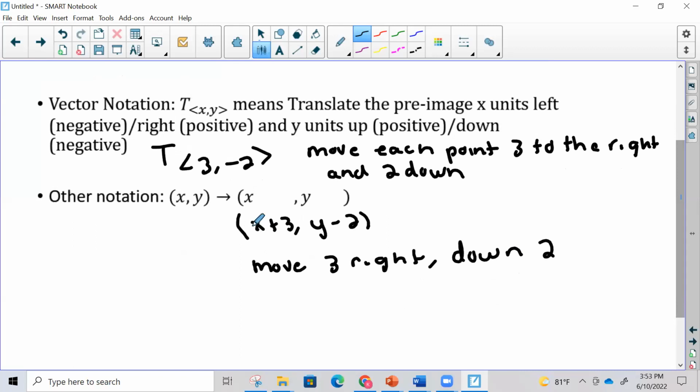And the other way to write it, which we use a lot in the packet, is they do X, Y, and they put an arrow, and then they're gonna put X plus or minus a number, and Y plus or minus a number. So doing the same one, it would look like X plus 3 and Y minus 2, which again means we move each point 3 right and then down 2. So these are the two different notations that are used on the homework and in the packet.